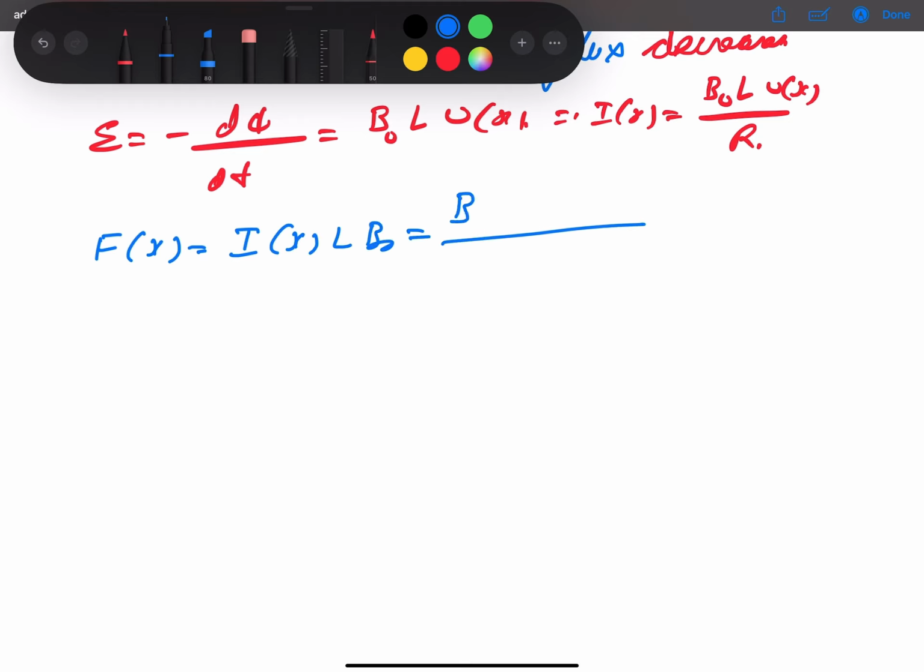So this gives us B naught square L square V of X divided by R.